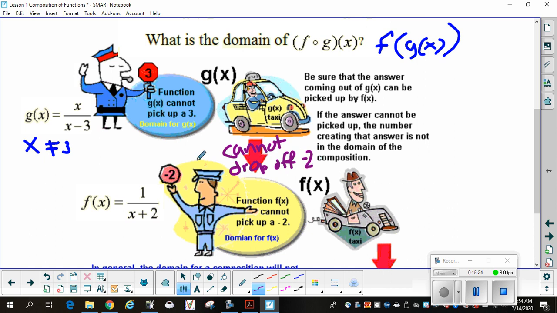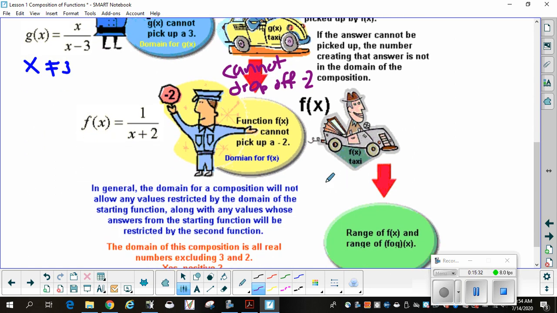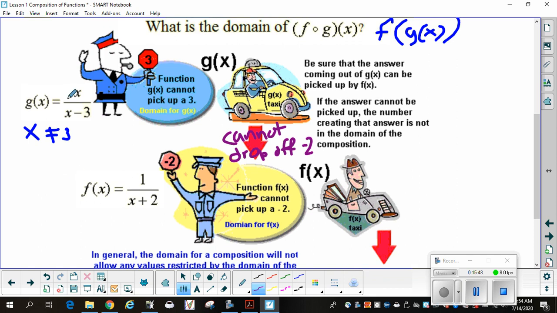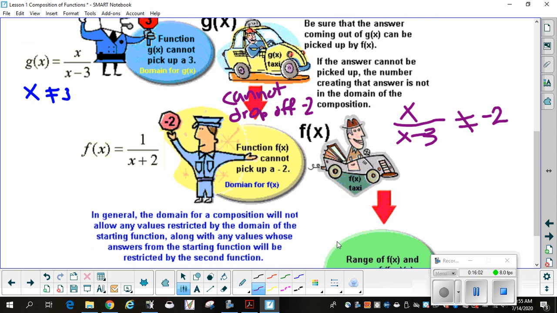So in addition to this 3, he can't drop off a negative 2 because f of x can't pick up a negative 2. So in general, the domain for a composition will not allow any values restricted by the domain of the starting function, along with any values whose answers from the starting function will be restricted in the second function. So this means that not only can it not pick up 3, but x over x minus 3 cannot equal negative 2. Okay?